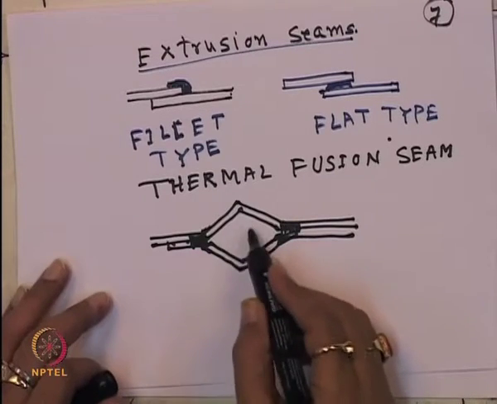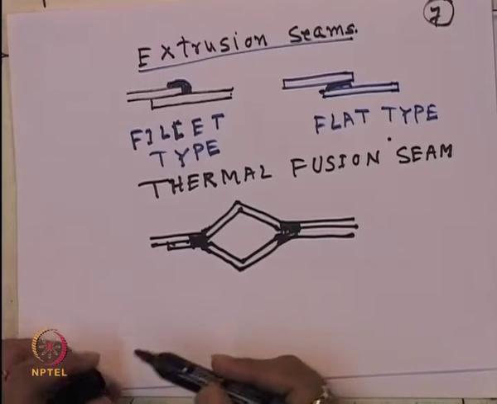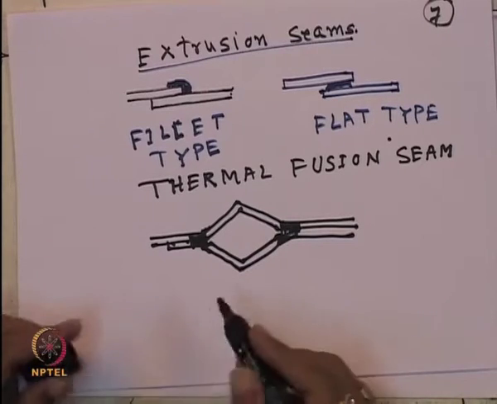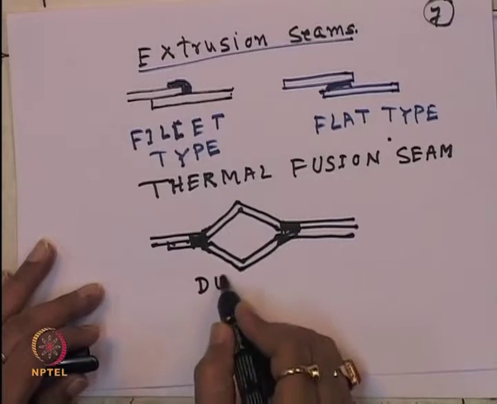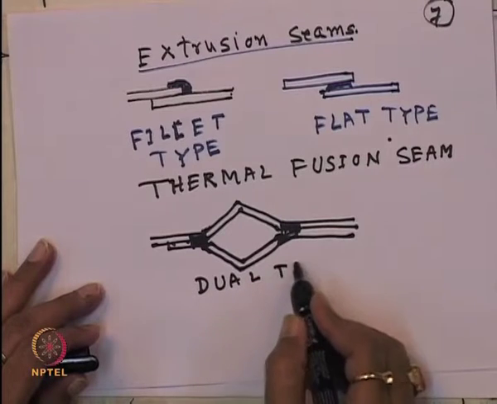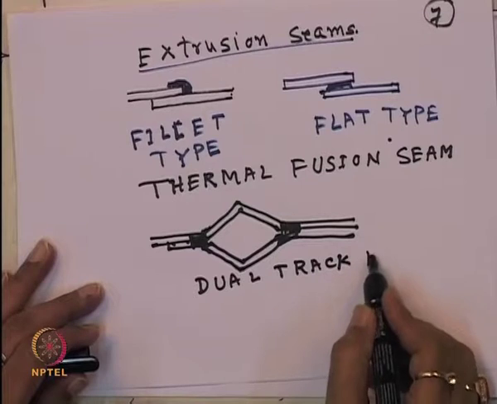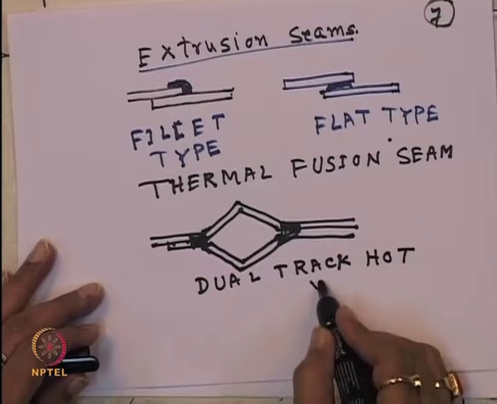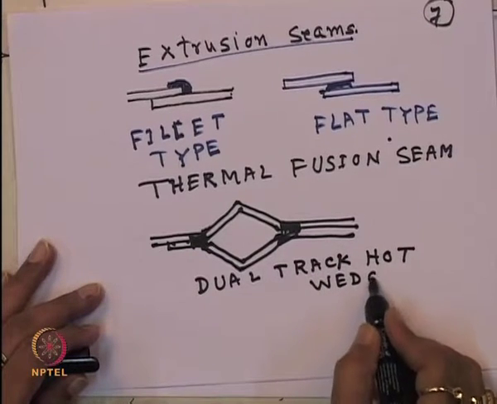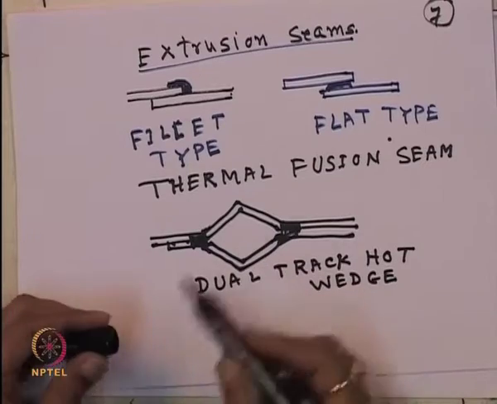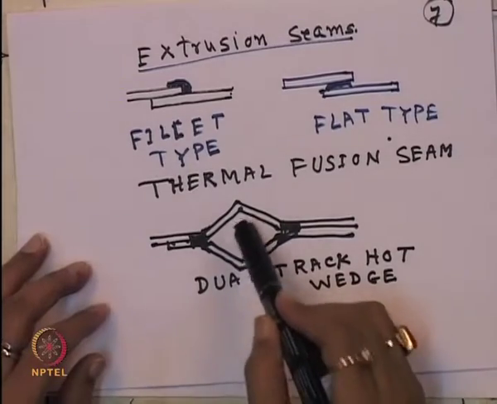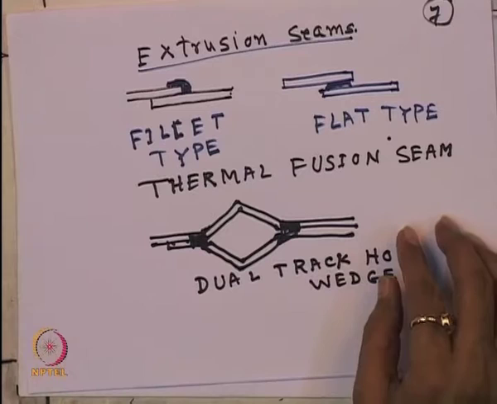You can see there is a hole between two geomembranes. So, this is also called the dual track hot wedge. So, there is a gap, so there will not be development of pressure.